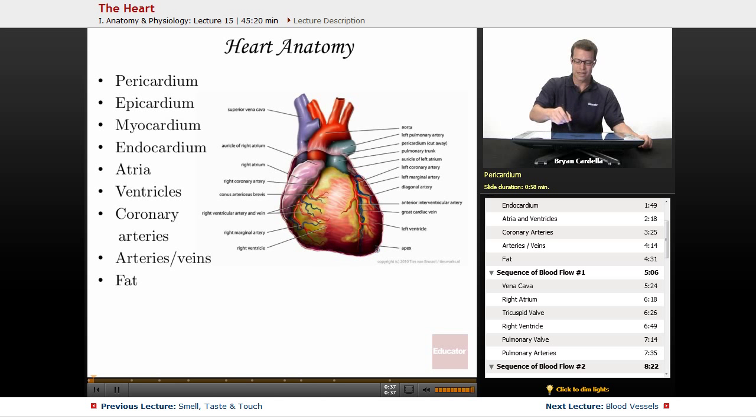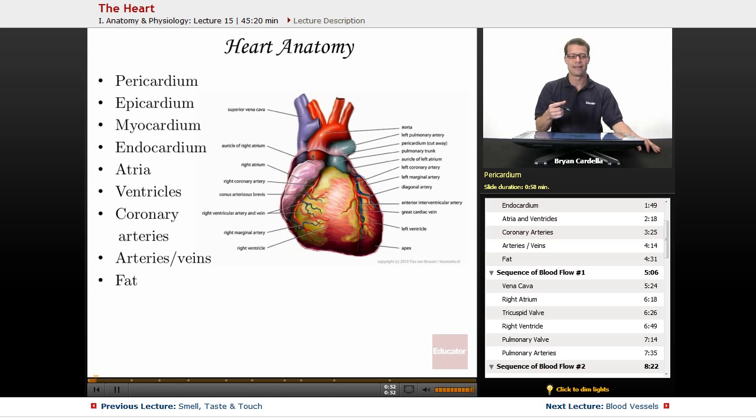And that particular connective tissue sac is not only protecting the heart and giving it some extra layered cushioning, but in between the pericardium and the surface of the heart itself is fluid, and that's providing lubrication.